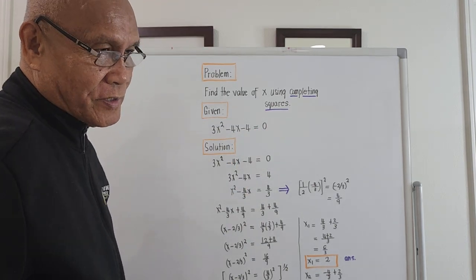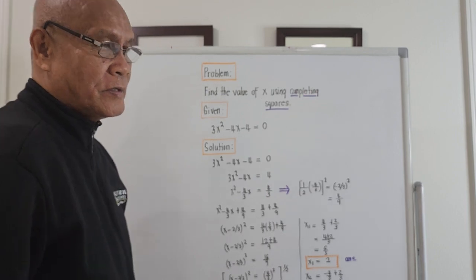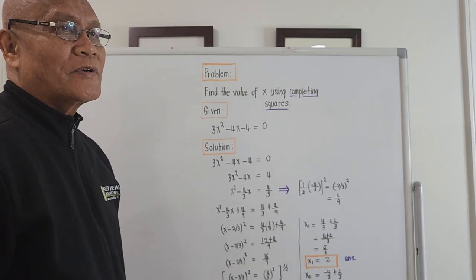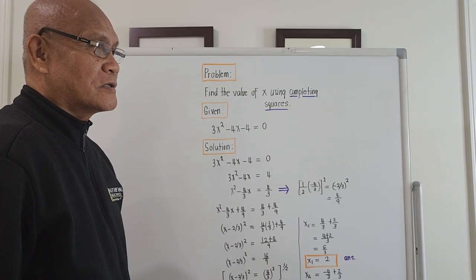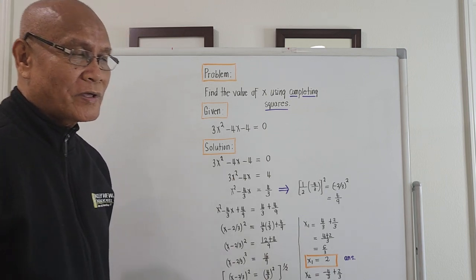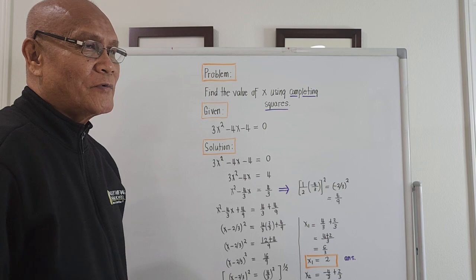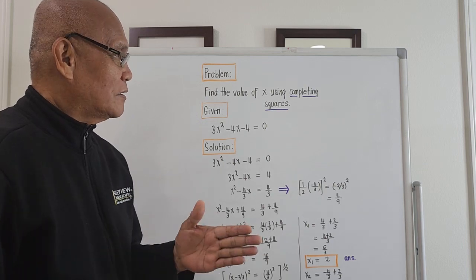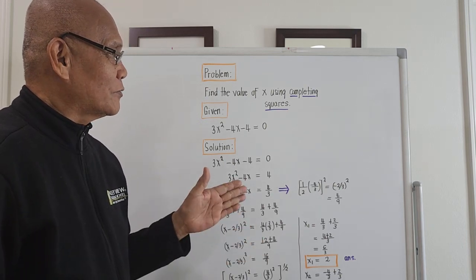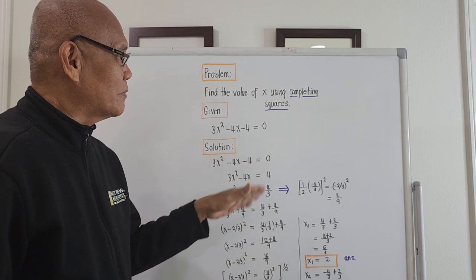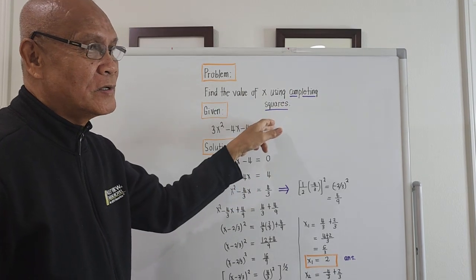Actually, we could present three solutions here. If a given quadratic equation is solvable by using factoring, we could use factoring immediately. But the problem requires that we bring out the solution by completing squares.